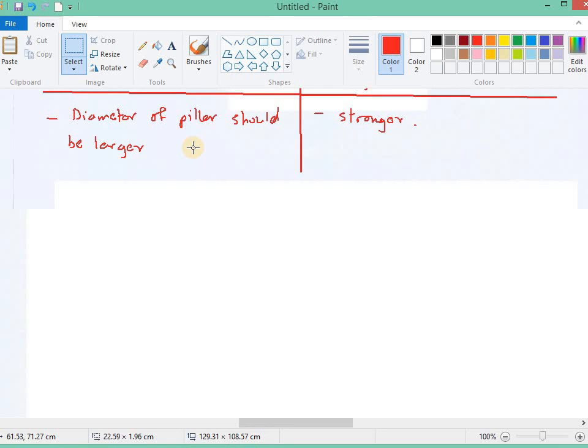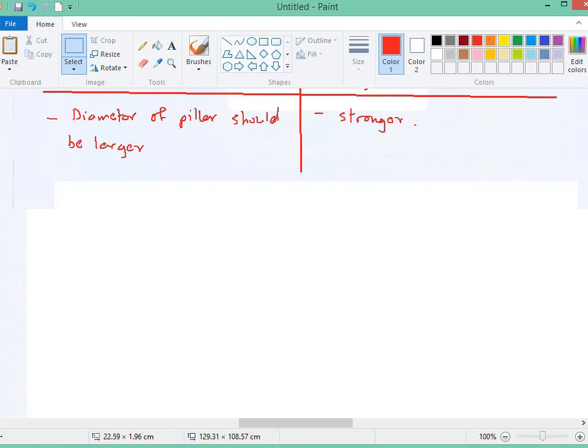Diameter of pillar, larger surface area, same. Larger surface area of pillar, I don't think so. Even if you say larger surface area of pillar, the explanation is also stronger.